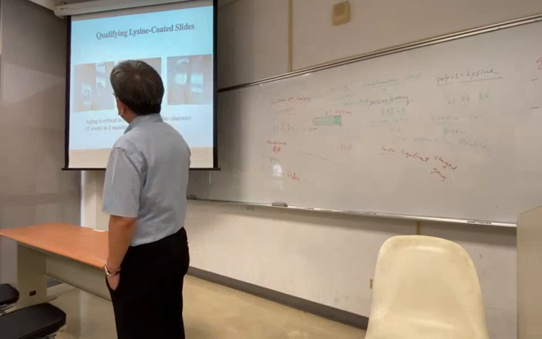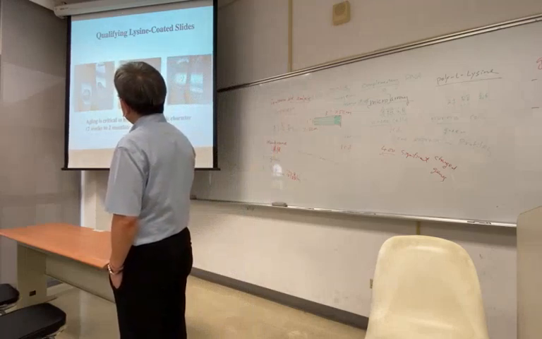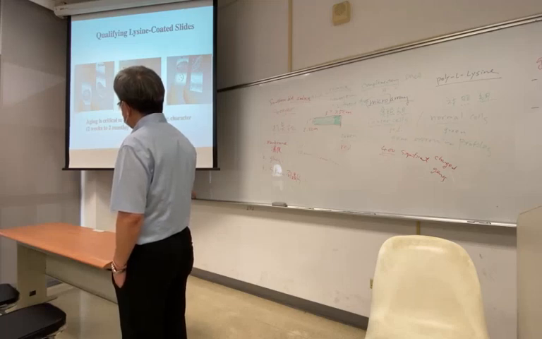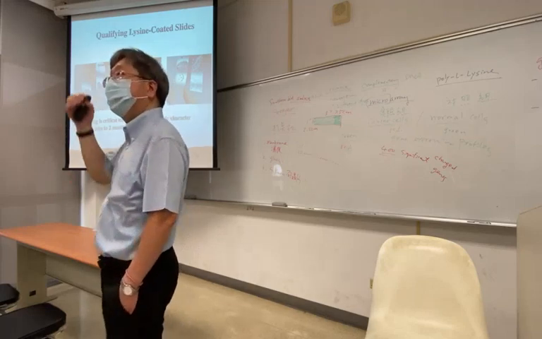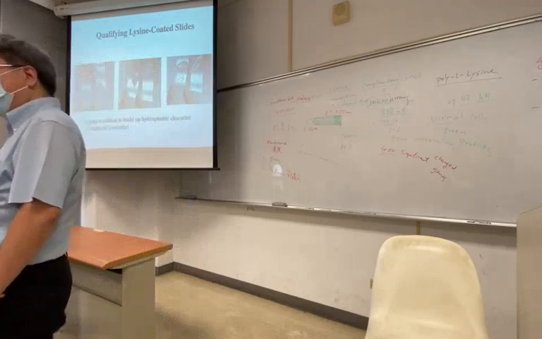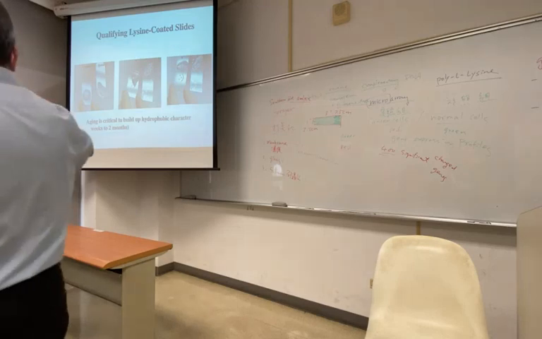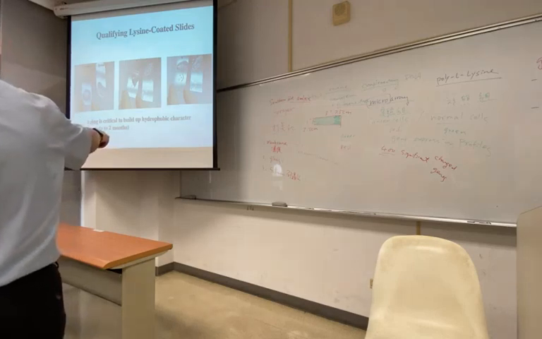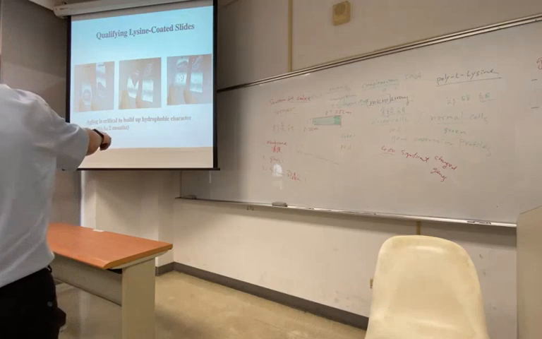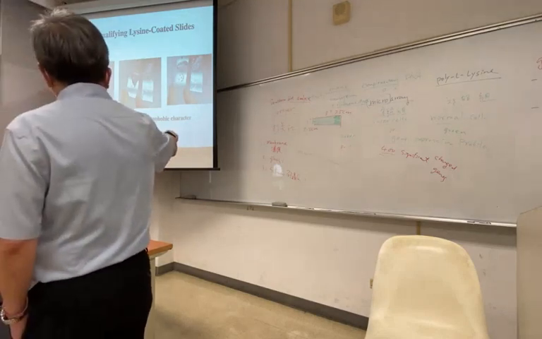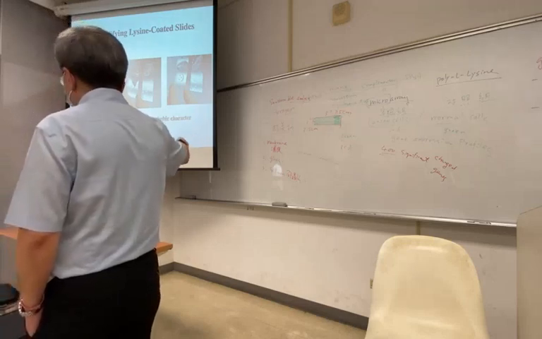Okay. And for this particular chemical we use, there's a process called aging. Once you have coated the slide, you cannot use it right away for printing. You have to wait at least 2 weeks, sometimes up to 2 months, in order to build up this hydrophobic character.